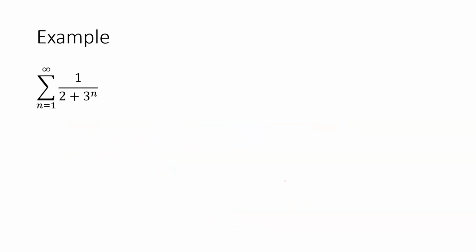So in this example, we have something that resembles the geometric series 1 over 3 to the n, but it has this extra 2 term here. So that tells us that maybe we want to do a comparison test, comparing it to 1 over 3 to the n. And in this case, it might be simple enough to just do a direct comparison.